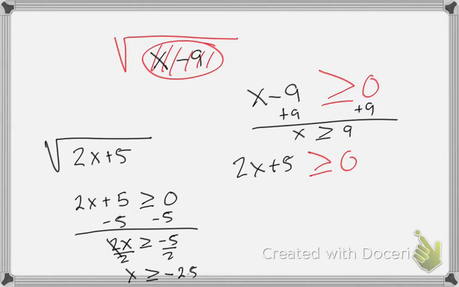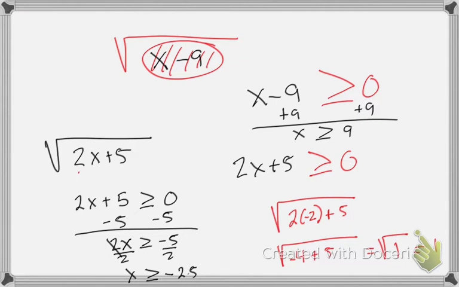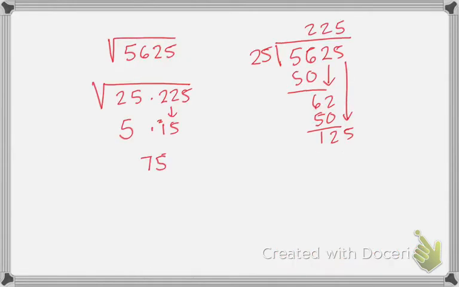If x is negative 2, 2 times negative 2 is negative 4, plus 5, that's still the square root of 1, which is 1. So it doesn't have to be a perfect square, I just can't have a negative under the radical. So it could be negative 2, it could be negative 1, it cannot be negative 3. It has to be greater than or equal to negative 2.5, okay?